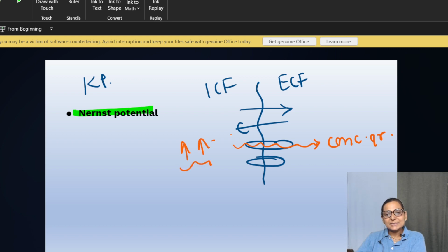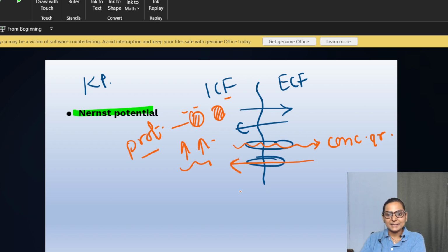Now, inside the cells there are negative ions which are your proteins. So as the potassium moves out, the inside positivity decreases because these are anions. So potassium has to come inside. This is its electrical gradient.